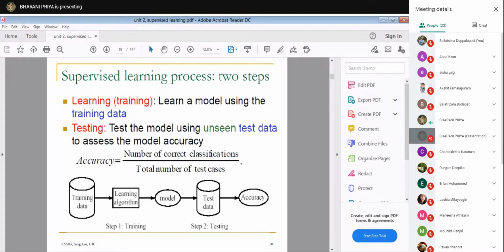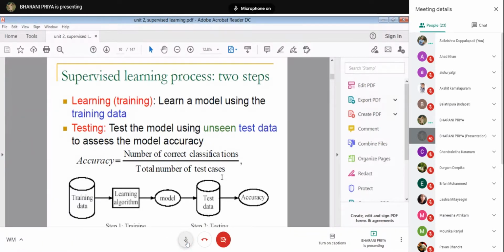Tell me what is the difference? Is my PPT visible? PDF. Can you able to see? Yes.